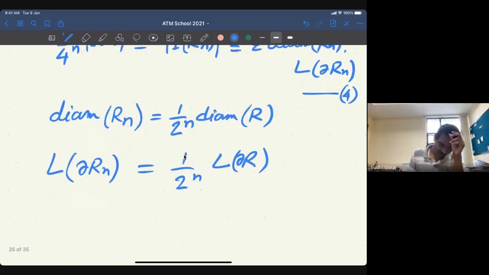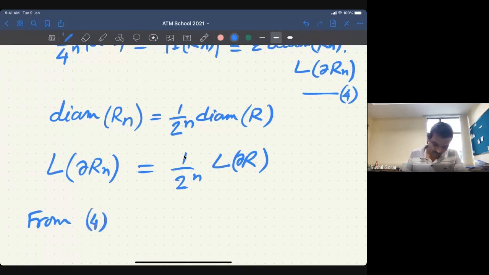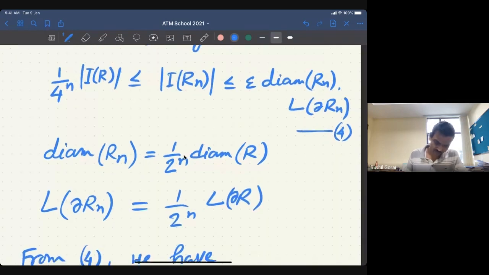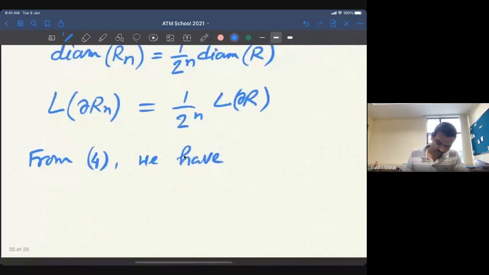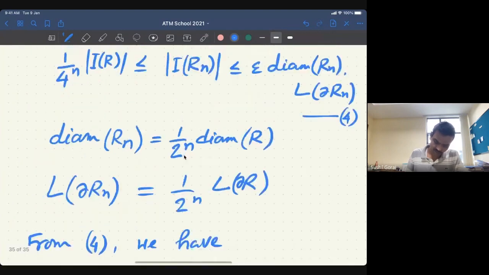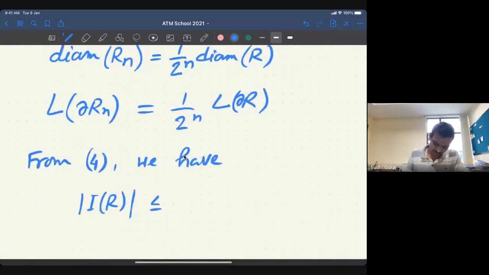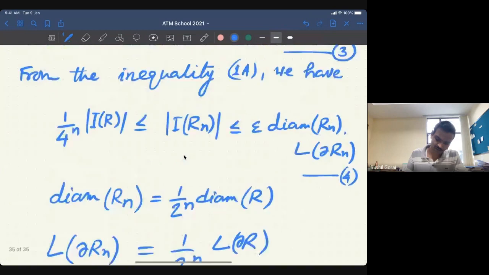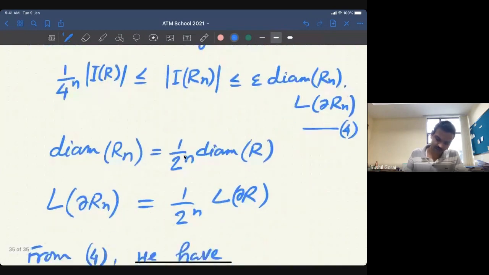Now from 4, we have |IR| is less or equal to epsilon times C, 1 over 2 to the power n and 1 over 2 to the power n, that will be 1 over 4 to the power n, which cancels with this one.